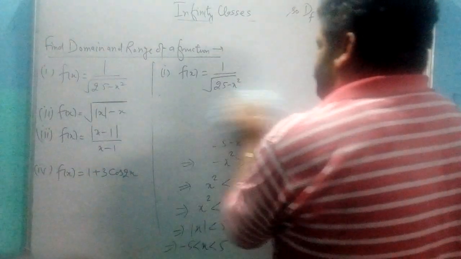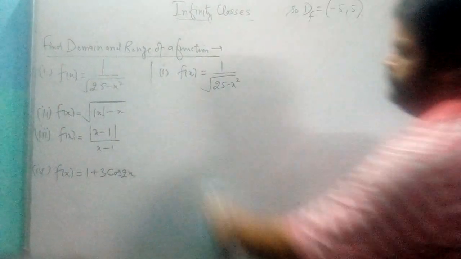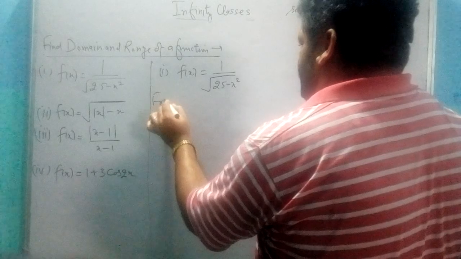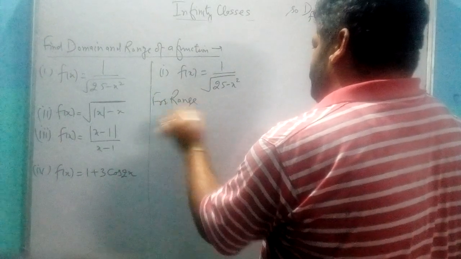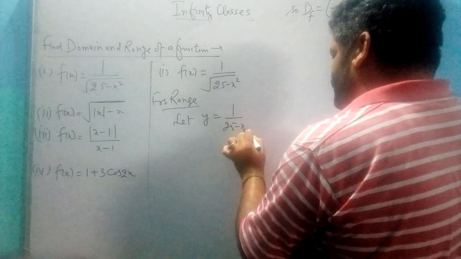For range, let y is equal to 1 upon square root of 25 minus x square.